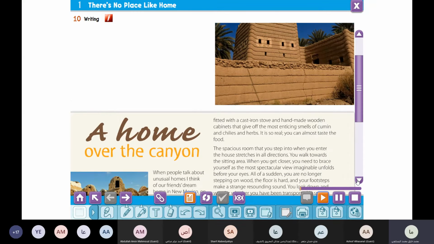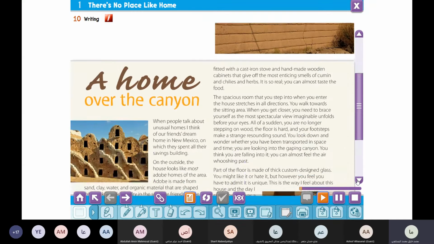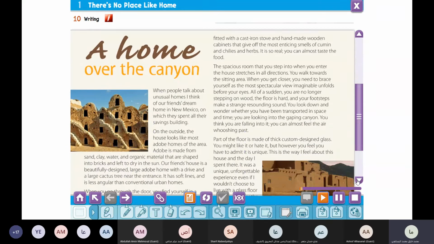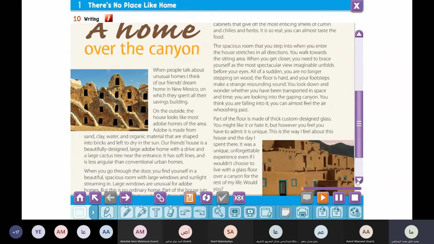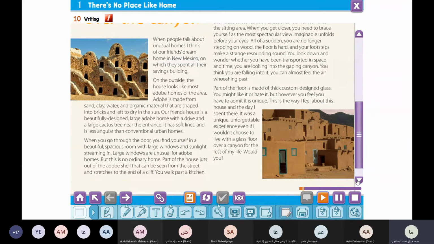A home over the canyon. When people talk about unusual homes, I think of our friend's dream home in New Mexico, on which they spent all their savings building. On the outside, the house looks like most adobe homes of the area. Adobe is made from sand, clay, water, and organic material that are shaped into bricks and left to dry in the sun.